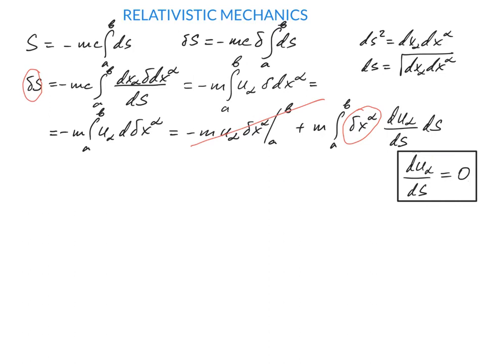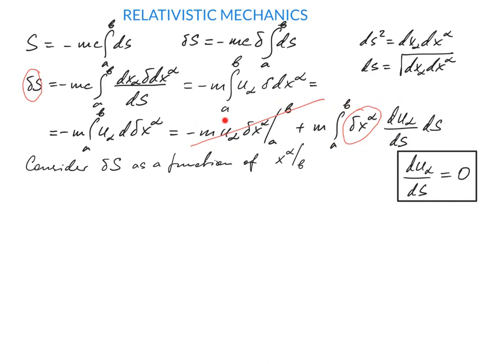Now let's consider a different thing. So consider the variation of the action as a function of the endpoint x alpha at point B, while considering only physical trajectories. So physical trajectories are those that obey the equation of motion, so that this is satisfied, and therefore this term is now 0.